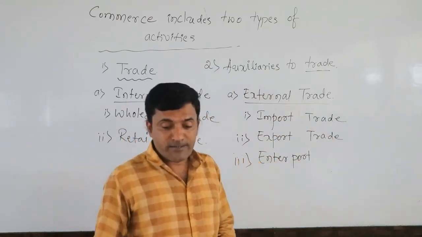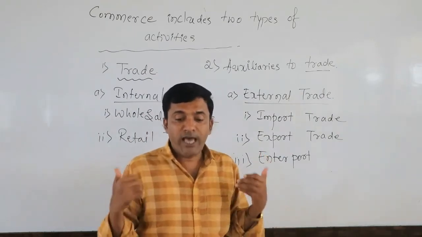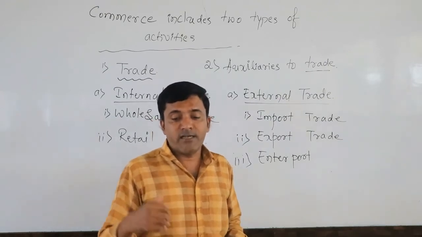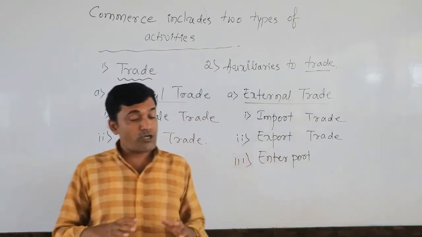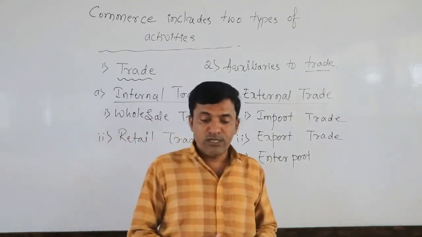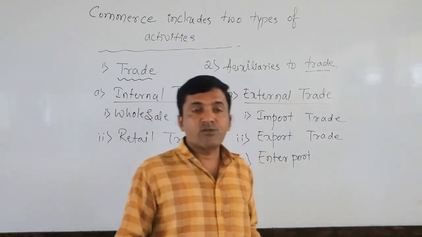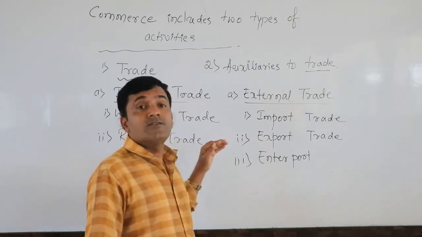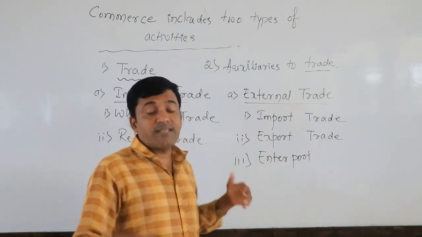Dear friends, all those activities which help in removing various hindrances which arise in connection with the production and distribution of goods are called auxiliaries to trade. Please concentrate: all the activities which help in removing various hindrances.